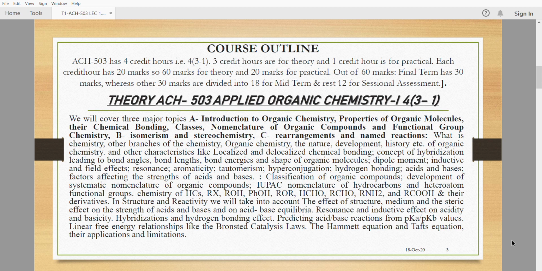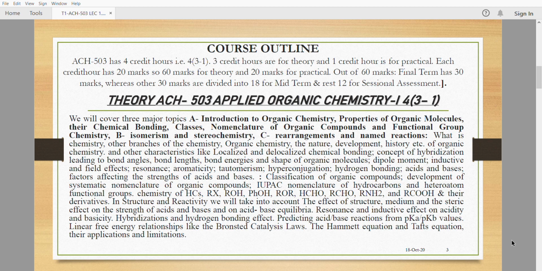I will give you lectures, and I have already given you many lectures which are covering these topics, like branches of chemistry, what is localized, delocalized, what is hybridization, bond angles, bond lengths, and what are their shapes, and how dipole moment is important to understand electronegativity, field effects, resonance, aromaticity, etc.